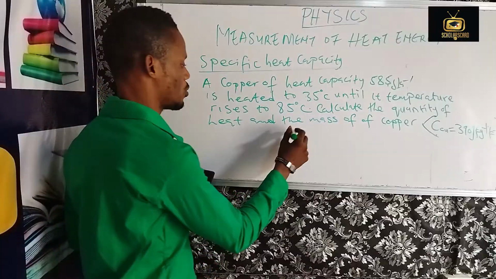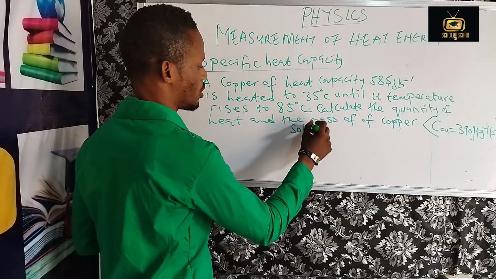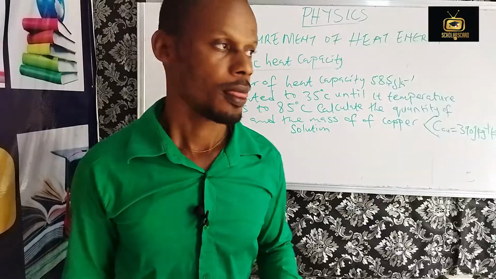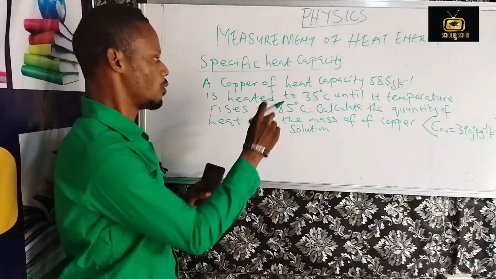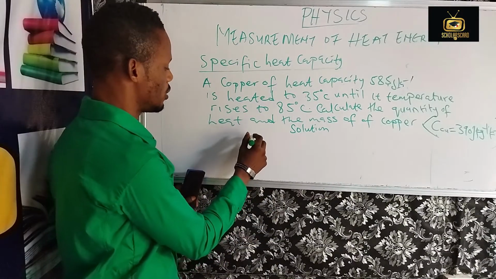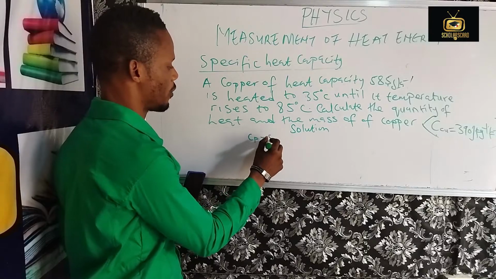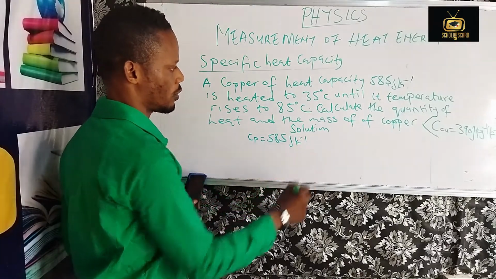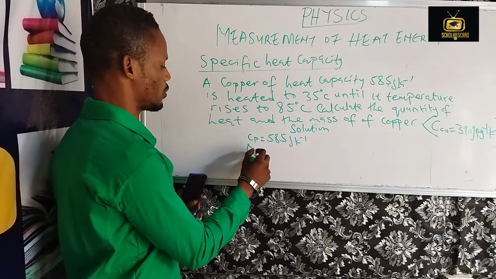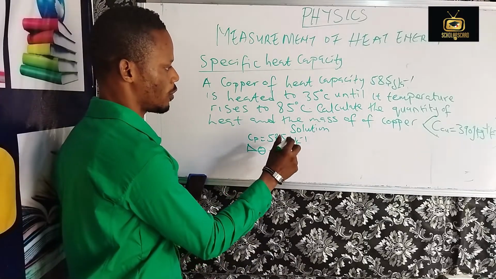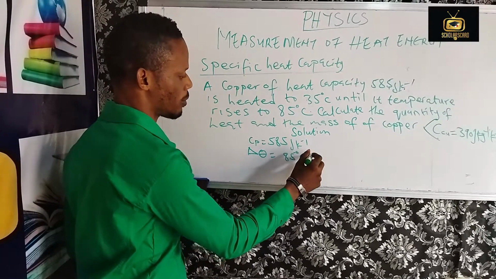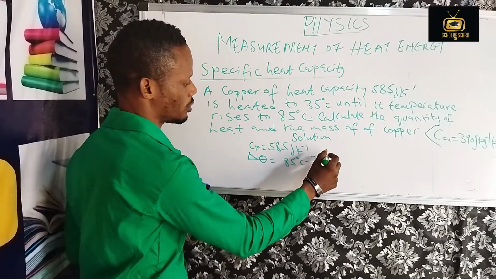Now look at this solution. You have to write out the parameters given to you. We have the heat capacity of copper given as 585 joules per Kelvin, and the change in temperature, that's 85 degrees Celsius minus 35 degrees Celsius.